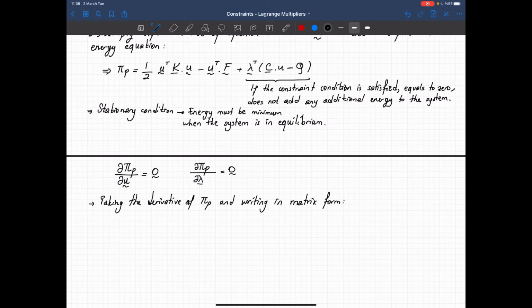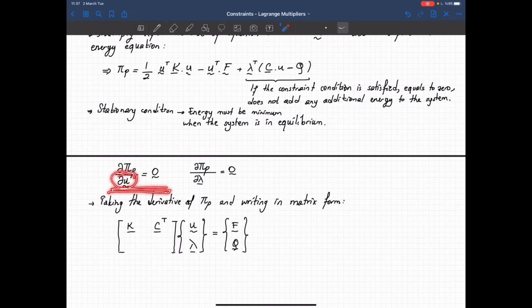I have the following relationship. I have the stiffness matrix K multiplied by C transpose. I have the displacements and the lambda parameter here, or our Lagrange multiplier, should be equal to F and Q. That's the equation that I obtained from differentiating the total potential energy with respect to the displacements.